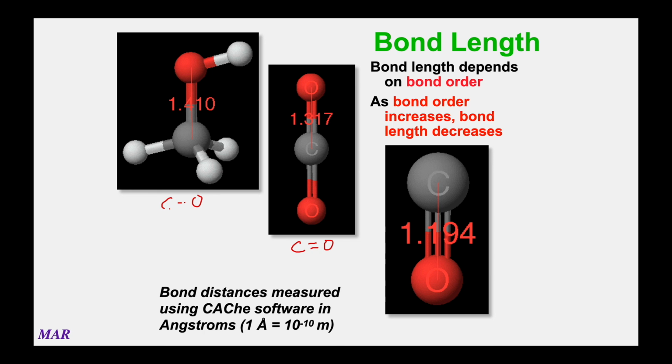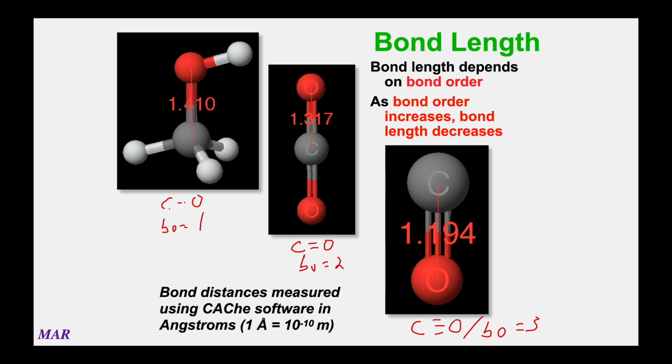And carbon monoxide, lower right, has a C triple bond O. So you see you're going from a bond order of 1 to a bond order of 2, and CO down here, bond order of 3. As your bond order goes up from 1 to 2 to 3, the bond length goes down, 1.4 to 1.3 to 1.2. That's what it means.